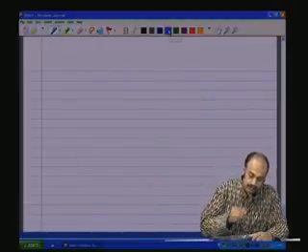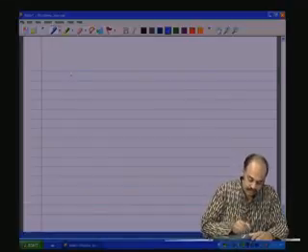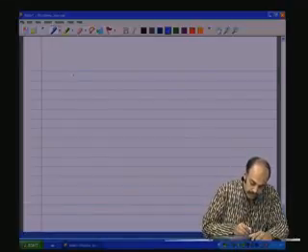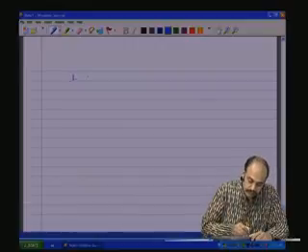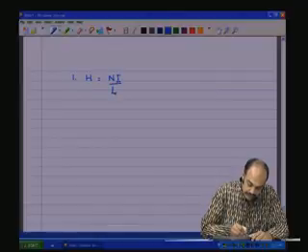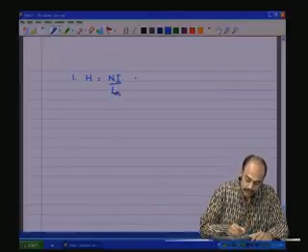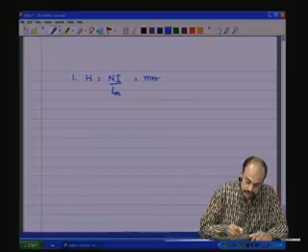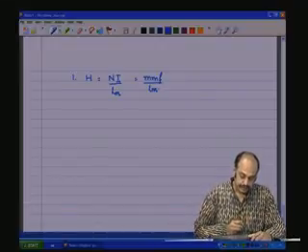Now, we have a few equations here we need to put down. First one was, you have the field intensity which is Ni by Lm, which is nothing but MMF. MMF is the ampere turns by Lm.